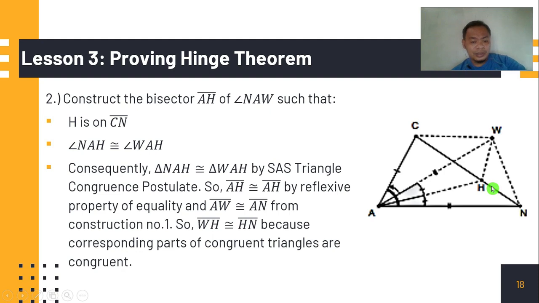Consequently, triangle NAH is congruent to triangle WAH, of course by the SAS triangle congruence postulate. Side AH is congruent to side AH by the reflexive property of equality, and AW is congruent to AN from construction number 1. So therefore, WH is congruent to HN because corresponding parts of congruent triangles are congruent.